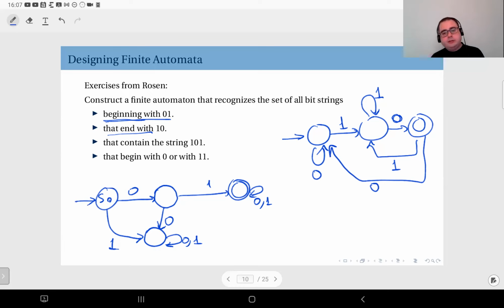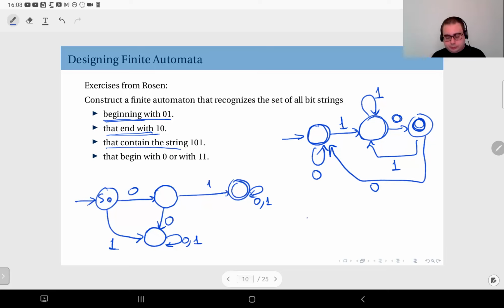If you like, you can try some inputs with some strings and see that the strings that end with 1-0 end up in this state, and the others, they end up in either this one or this one, meaning that they are not going to be accepted. And let's look at the other two that contain the string 1-0-1.